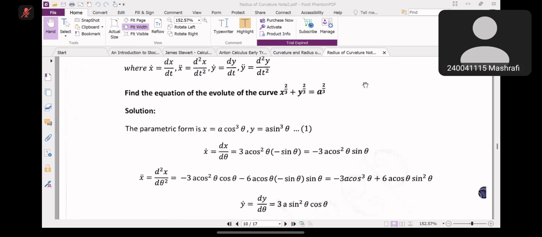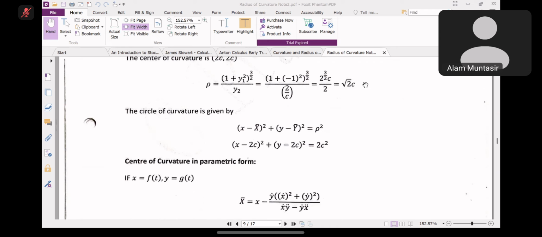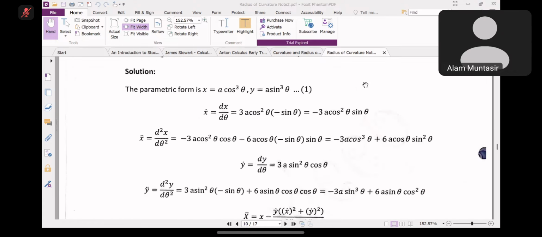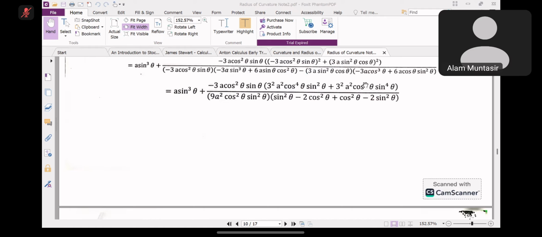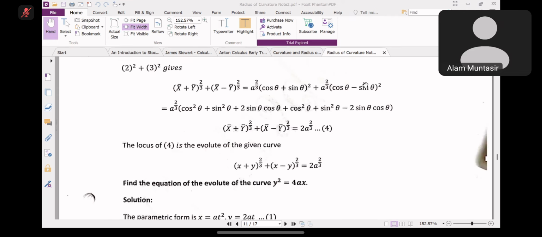Sir, in this PDF, something called evolute was mentioned. Could you please explain the concept of that? Okay, you can skip those problems, because I skipped the topic evolute.